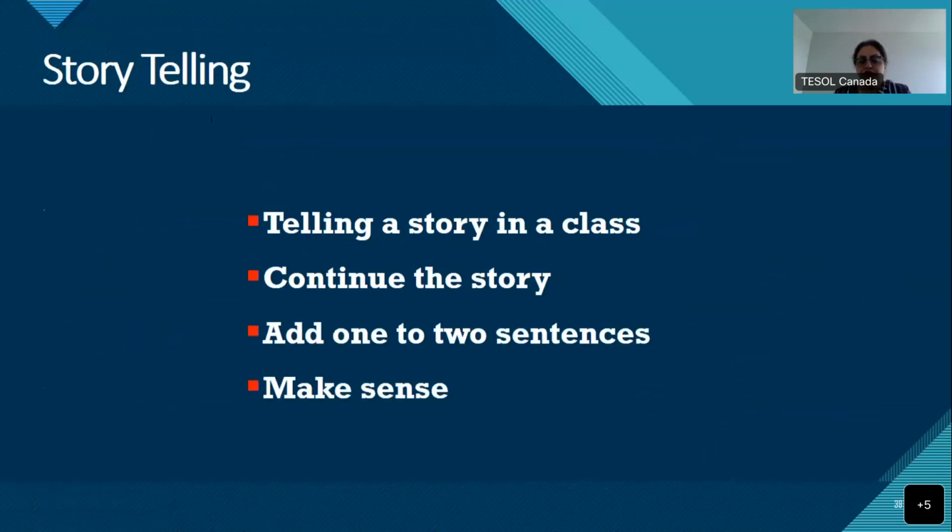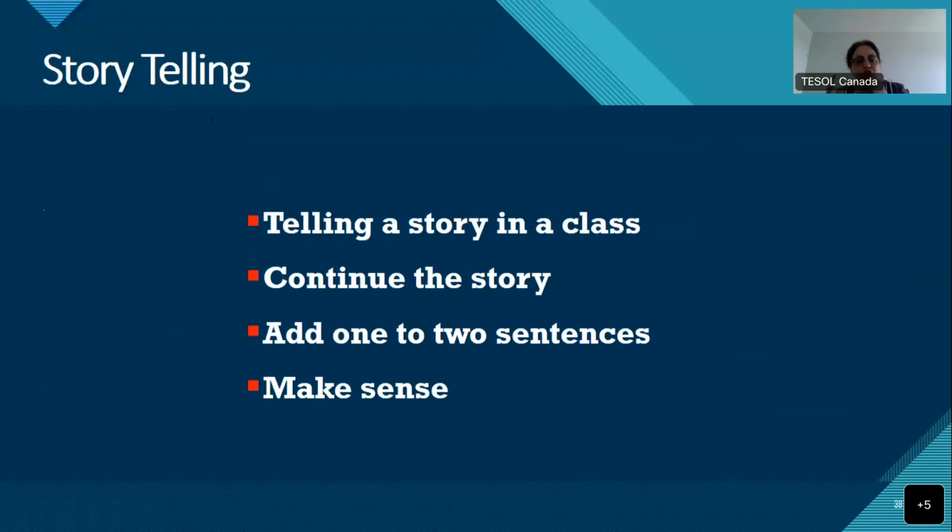Or you can start a story and then say, I want you to complete this story. That's challenging. You start the story like, last summer, I traveled to Paris. And then each student needs to add a sentence.